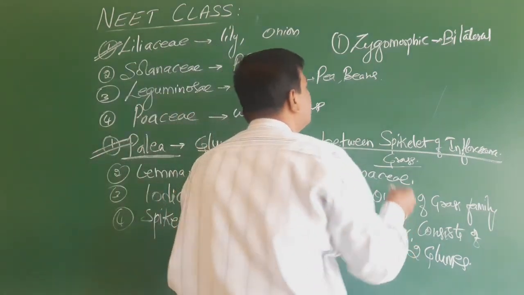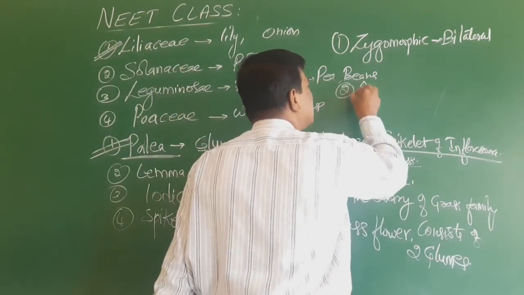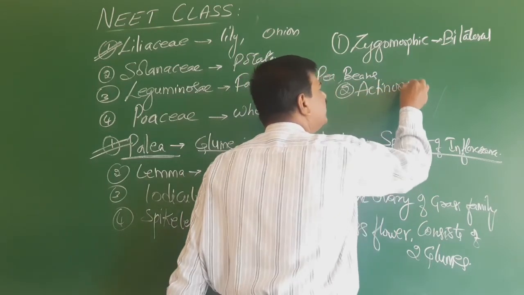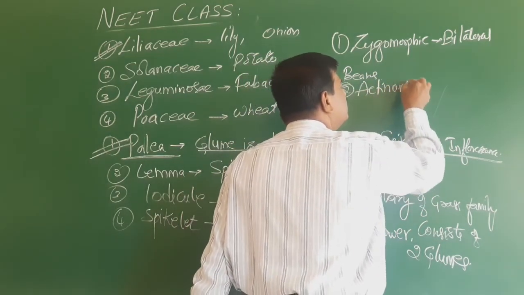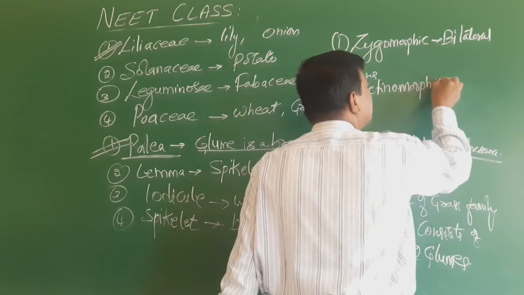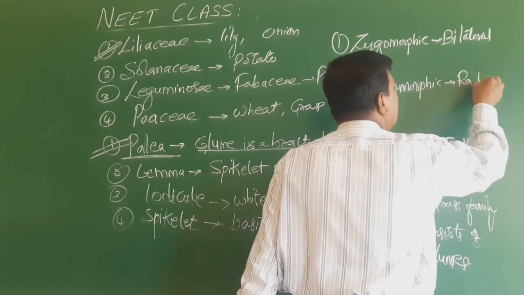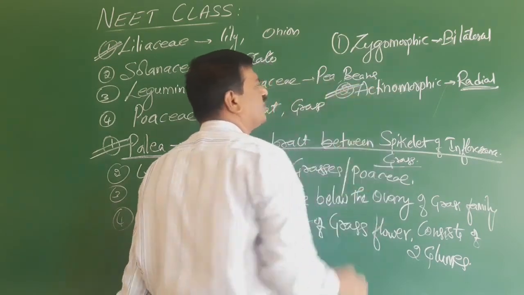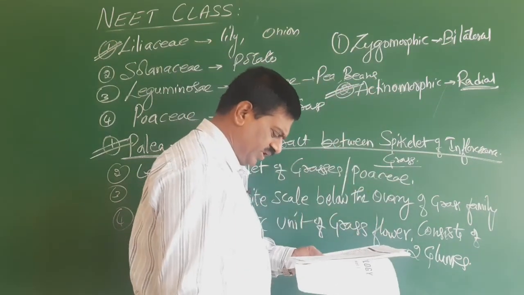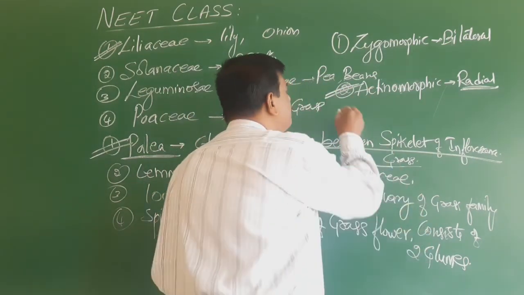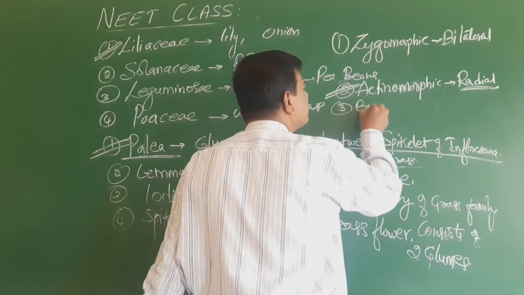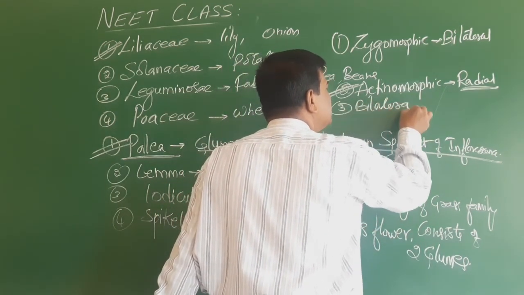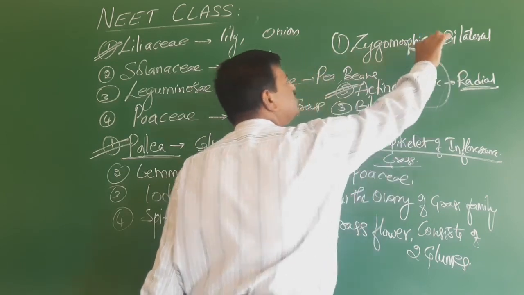So we go for the second one, called actinomorphic. With actinomorphic, the flower can be cut into two equal halves in any plane. Hence it is called radial symmetry. So the right answer is actinomorphic. And the third option is bilateral symmetry, which is nothing but zygomorphic.